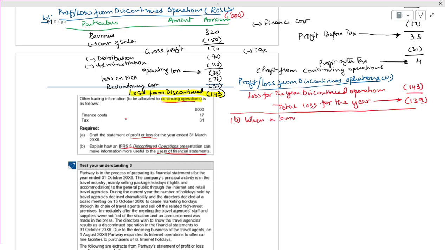When a separate business segment, words are very important, or a geographical area, has been classified as a discontinued operation. Please write this with me.